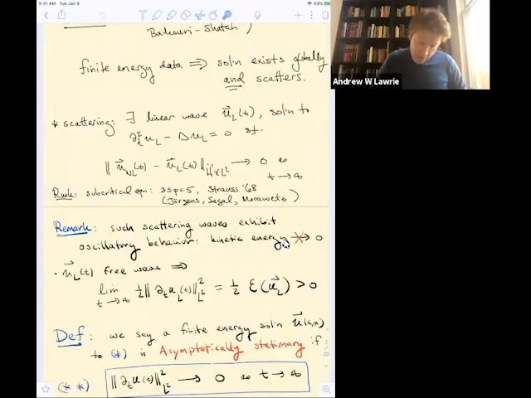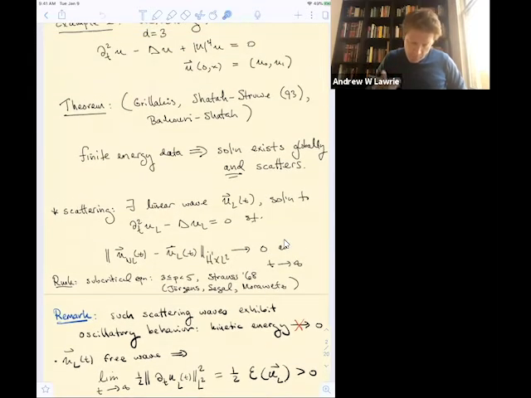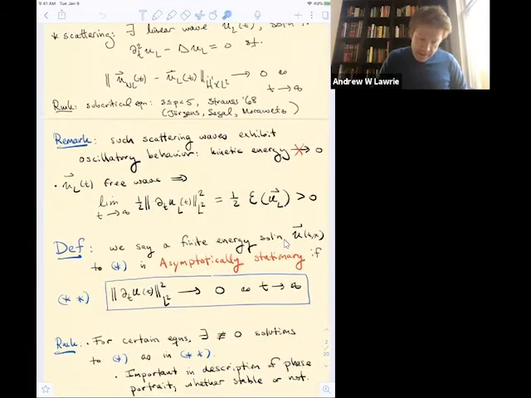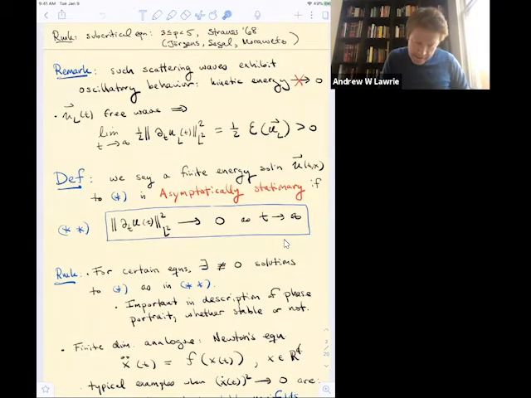Okay, so if a nonlinear wave looks like a linear wave as time goes to infinity, this means that it exhibits oscillatory behavior. So the kinetic energy of the nonlinear wave cannot tend to 0, because that doesn't happen for free waves.